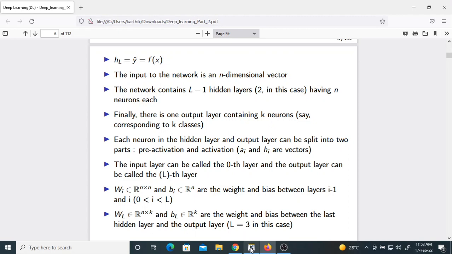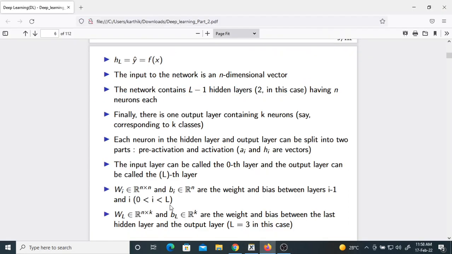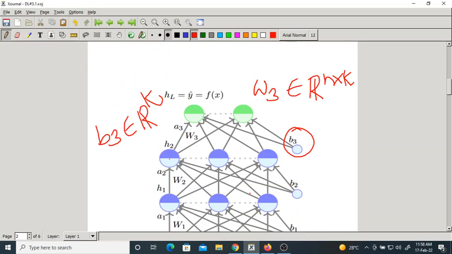So in general, what have you written here? Up to L between layers, WL and BL belong to R power n cross k and R power k. The last layer is L equal to 3 now. In general you can write BL, WL.